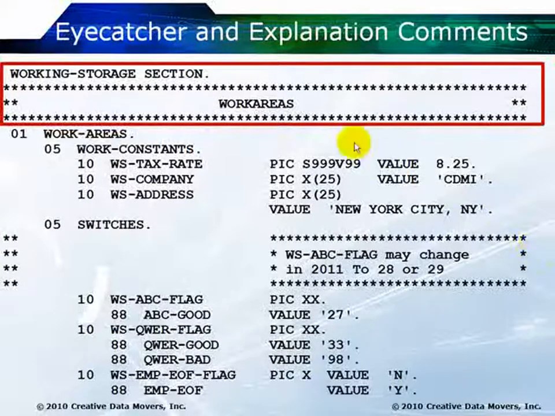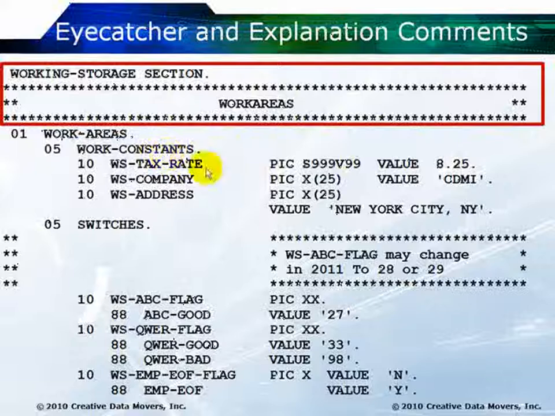So here's an eye-catcher one. Notice that in my working storage I have this thing called work areas, and there's just a box around it. Work areas is indicating that following this comment I have a bunch of work areas. These are not input, they are not output, they are intermediate fields that I'm using as my program is processing.